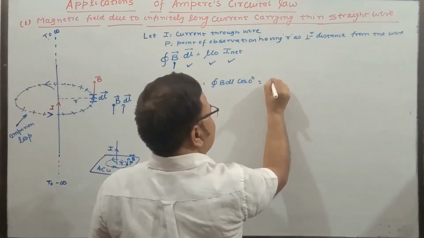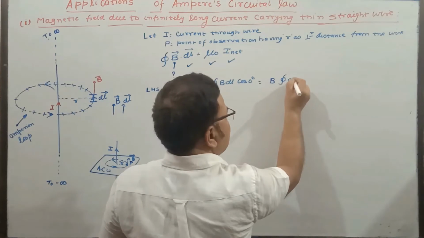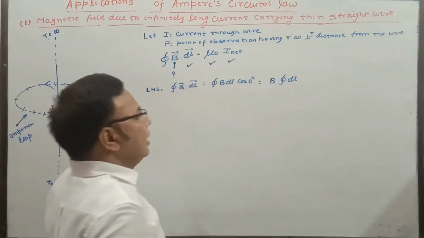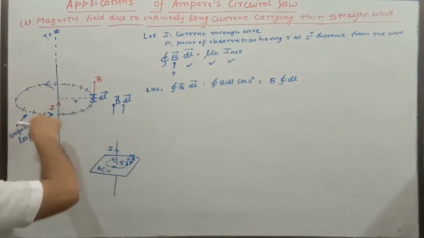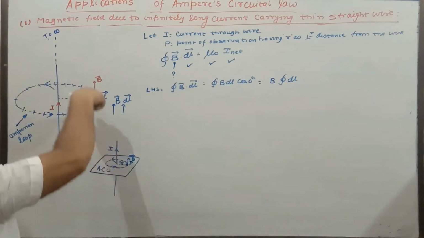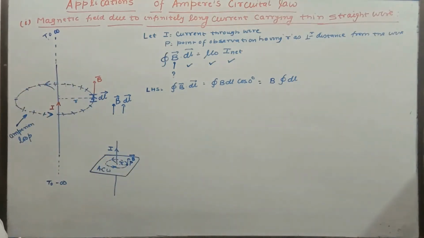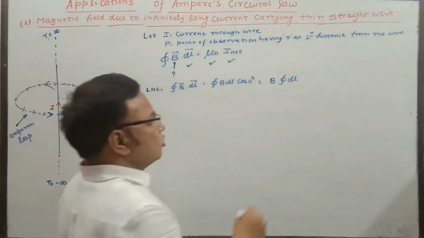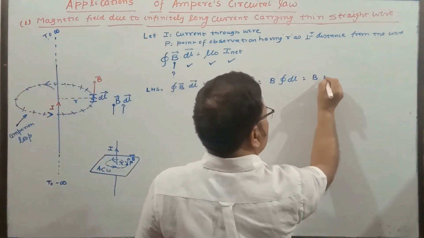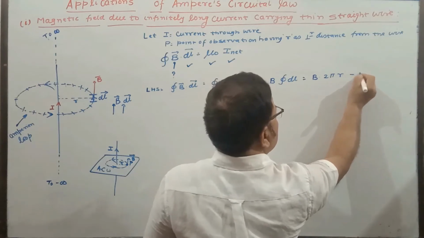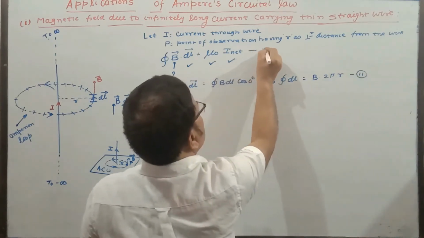So this B we can take out. Integral of dl, cos 0 is 1. What is the integration of dl? It is a circular path. The Amperian loop will be a circle, so its perimeter or circumference is 2 pi r. So we can make it B into 2 pi r. This is equation number 2, and we are making this equation number 1.